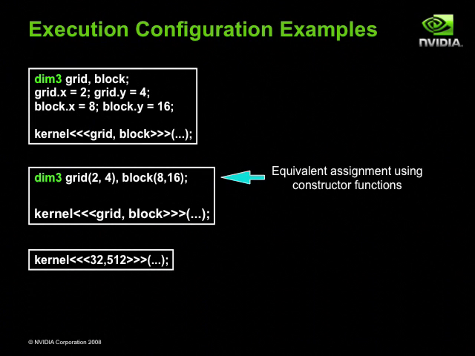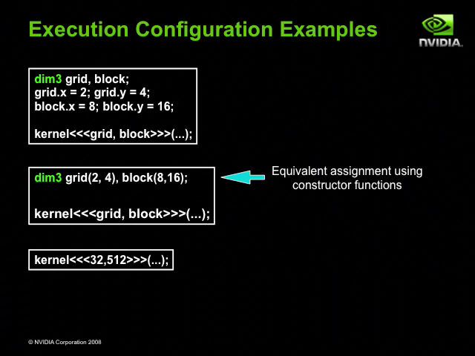Several examples of specifying execution configuration parameters and launching kernels are given on this slide. In the first code segment, the variables grid and block are defined and are assigned values used to launch a two-dimensional grid of 2x4 blocks, where each block contains an 8x16 arrangement of threads.